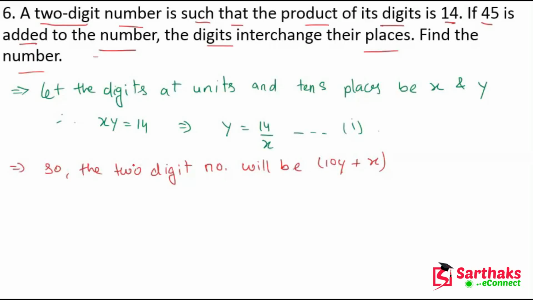Now here you can see that if 45 is added to the number, the digits interchange their places.